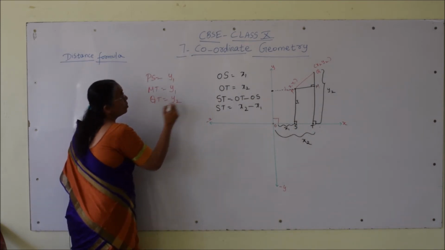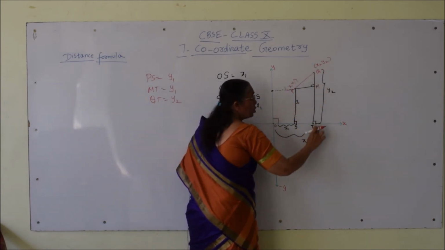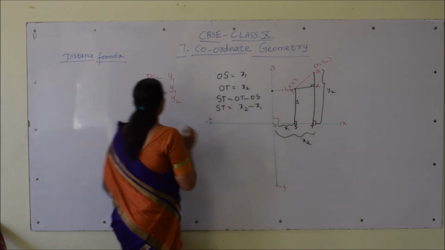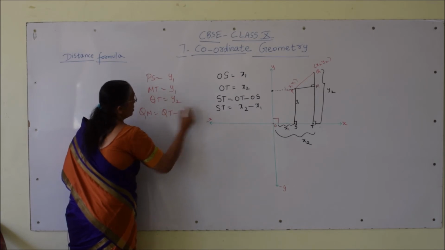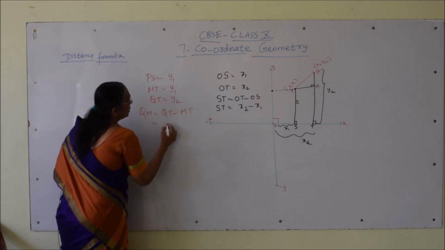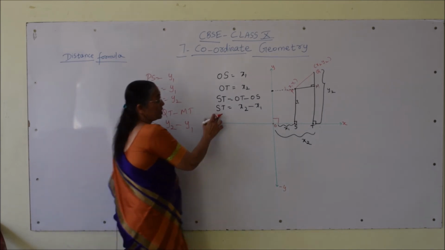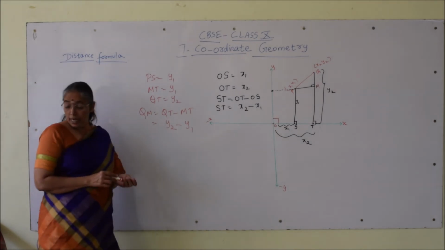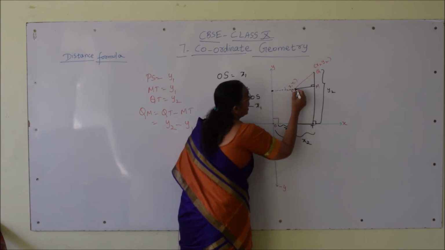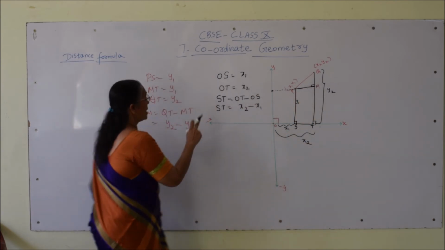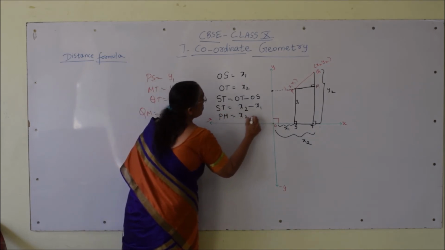QM is QT minus MT, which is y2 minus y1. ST and PM are the same, so if ST is x2 minus x1, then PM is x2 minus x1.